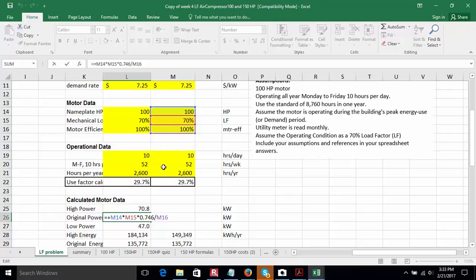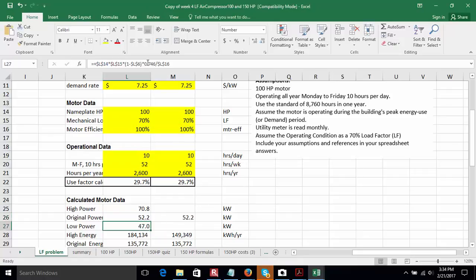So to get from a horsepower to kilowatt, we multiply by 0.746. And right now we're assuming that it's 100% efficiency. So the M16 doesn't even come into play. We could get rid of M16 and we still get the same exact number.